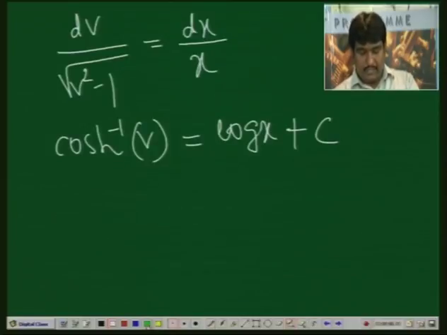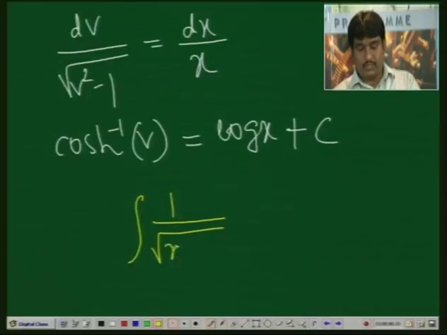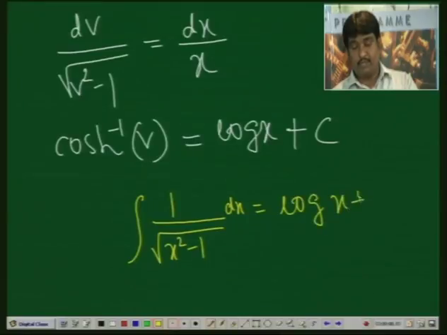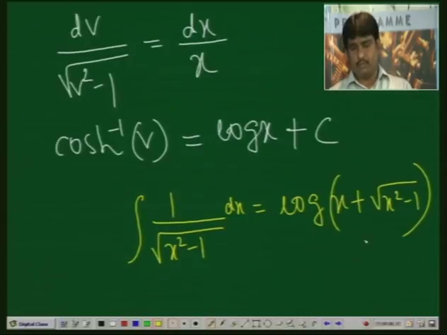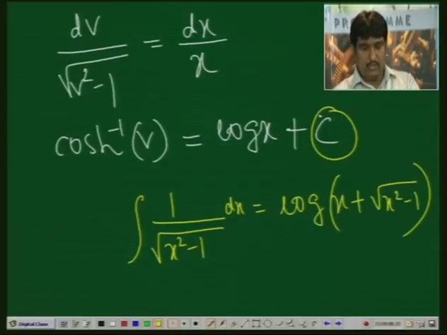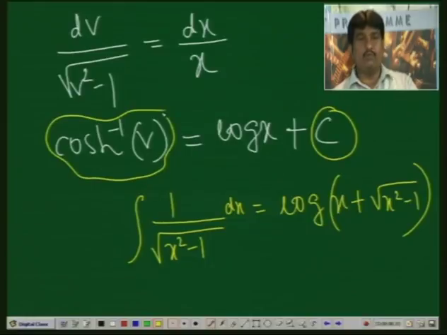The alternate formula is like this: the integration of 1 by square root of x square minus 1 dx equals log of x plus root of x square minus 1. This is more appropriate here because I have log x, and even this c can be written as log c. So I can cancel log throughout. So I will not use the cos hyperbolic inverse v formula here.